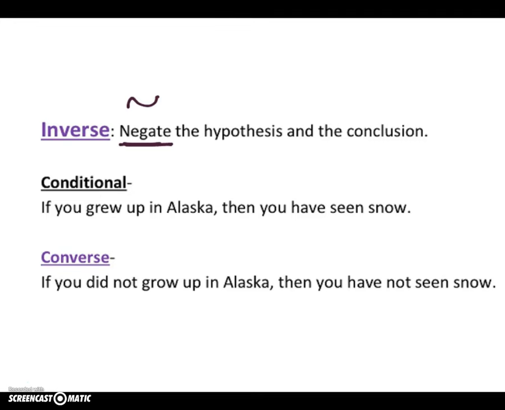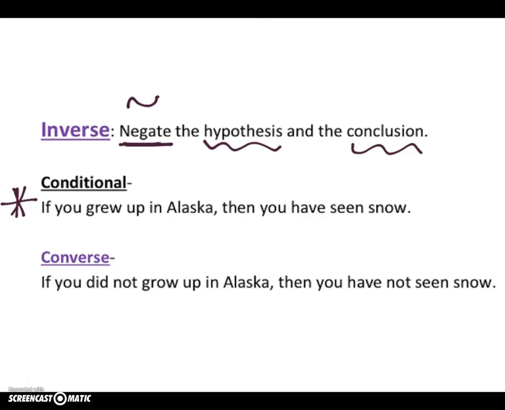Again, we still have to have an original conditional. There's always got to be a starting point, and that's a conditional statement. You can't just add not into one, it's got to be into both.